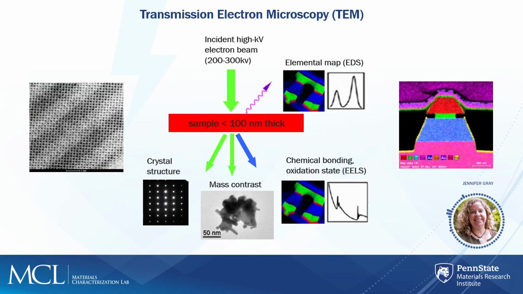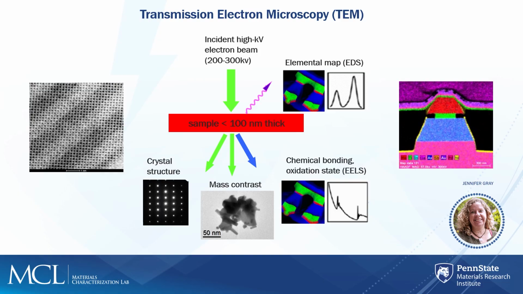But not only do we get an image of the sample, it's also telling us about the crystal structure of the sample. If we look at the diffraction pattern, if we look at the X-rays coming off of the sample, it can tell us about what the composition of the sample is. We can get an elemental map. Again, we can get high resolution images showing the actual crystal structure of the sample and how the atoms are arranged.